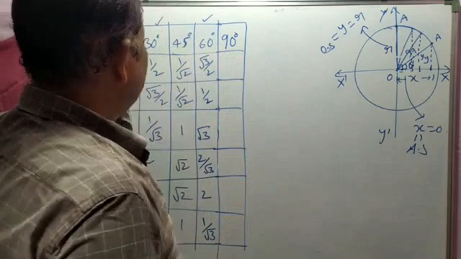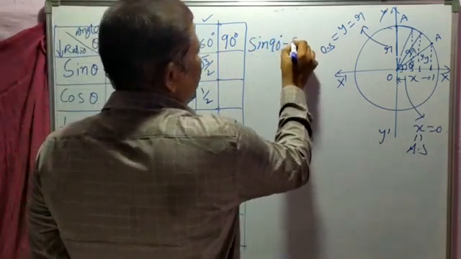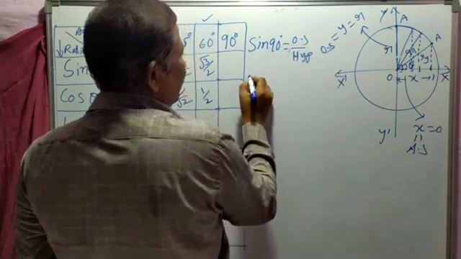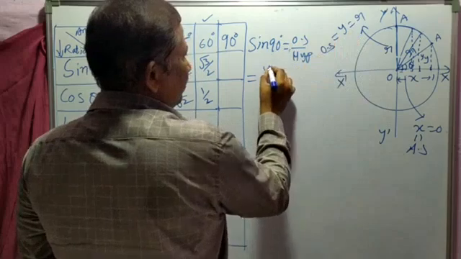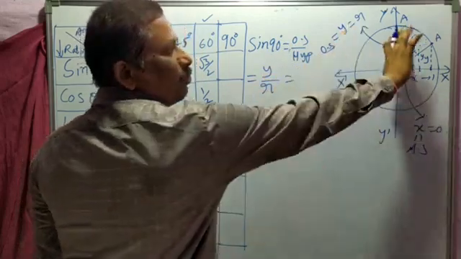The angles are 0, 30, 45, 60, 90 degrees. Sine 90 degrees is opposite side by hypotenuse. We know that the opposite side is y and the hypotenuse is r. Here y becomes r when it coincides.